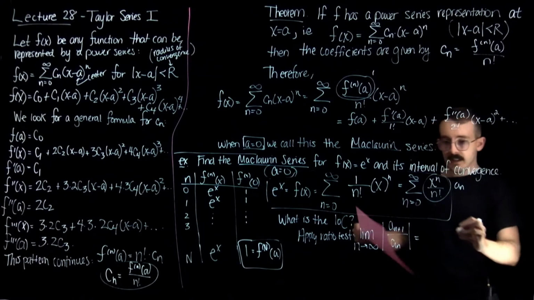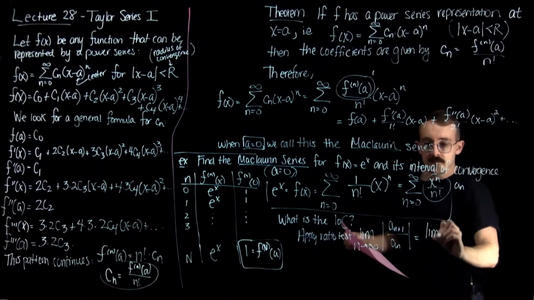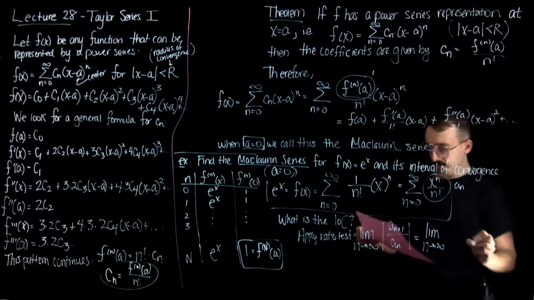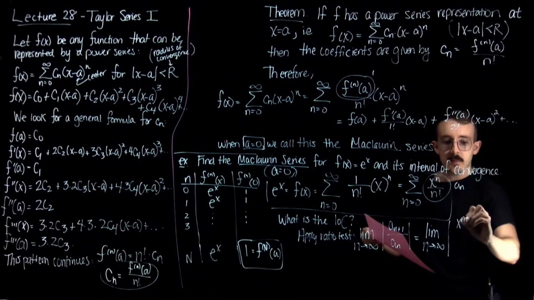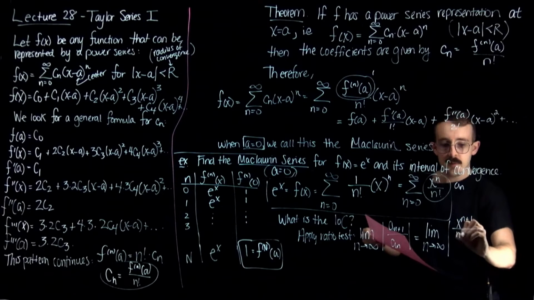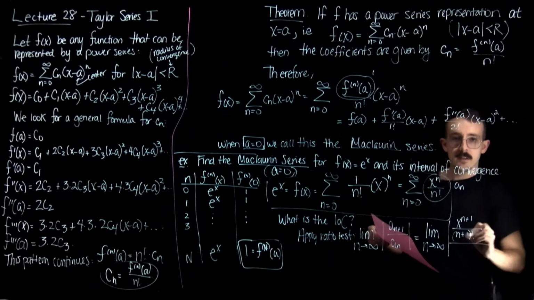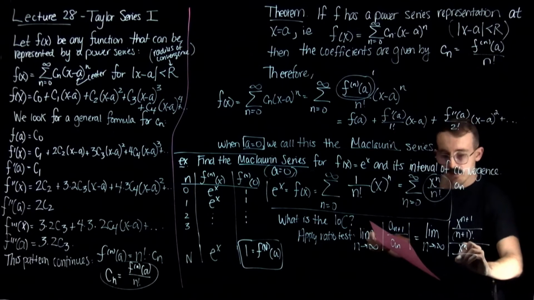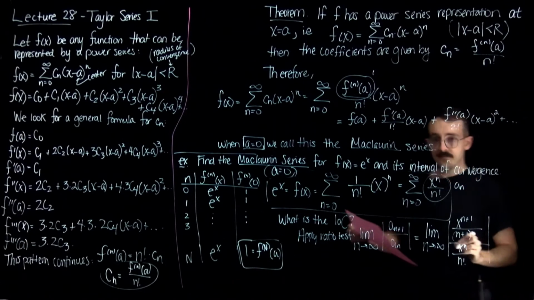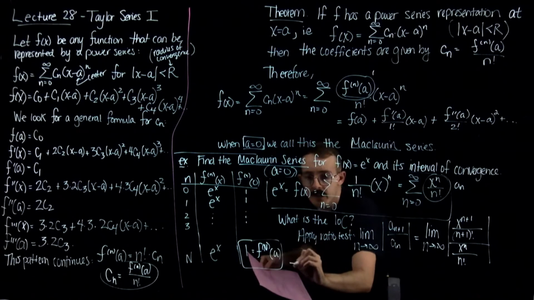Well, if I plug this in, I'm going to get the limit as n goes to infinity of the absolute value of x to the n plus 1 divided by n plus 1 factorial, divided by x to the n over n factorial. And I'll continue down here.